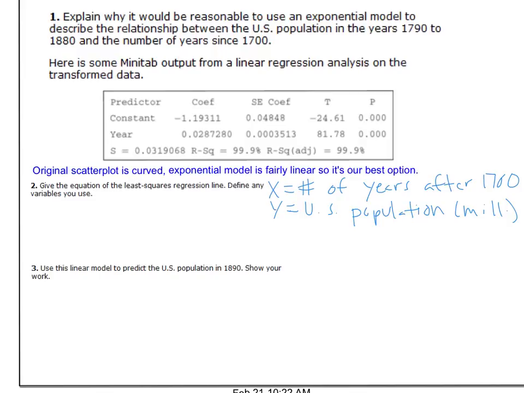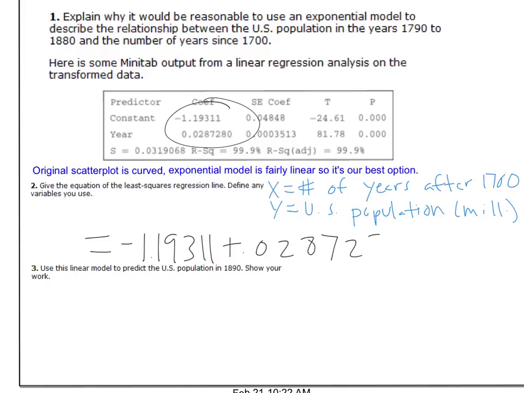Here is my regression line. Those are the numbers I want. I'm using this to make calculations, so I'm being picky and I want lots of decimals, because for final answers I'm okay with rounding to either 2 or 3 decimal places, but if I'm going to use these to make calculations, I want more of them.